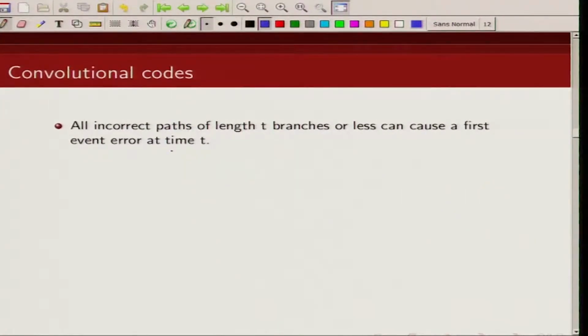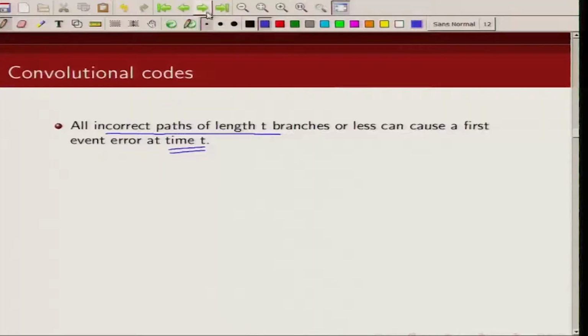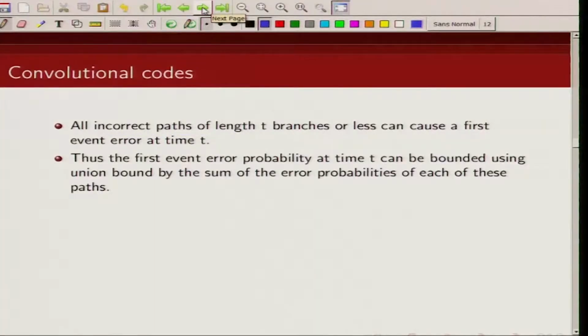Now, if we are looking at time t, then all incorrect path lengths of length t or less can cause first event error. So, we would now use the union bound to essentially upper bound this first event error probability.